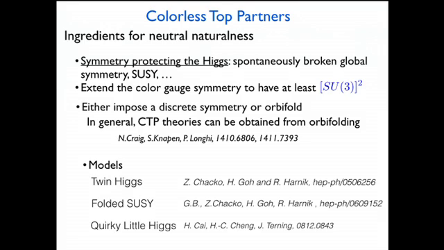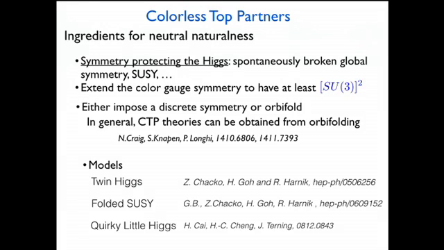So how do we do this? What are the ingredients for a neutral natural theory, or for a theory with colorless top partners? Well, first of all, you need a symmetry protecting the Higgs, just like any other theory protecting the UV sensitivity of the Higgs mass. It could be that the Higgs is a pseudo-Nambu-Goldstone boson. It could be a version of supersymmetry. But you also need to extend the color gauge symmetry to have at least 2 copies of SU3.